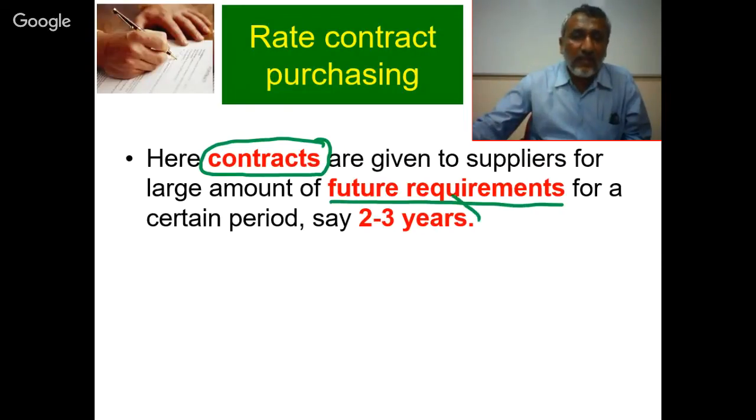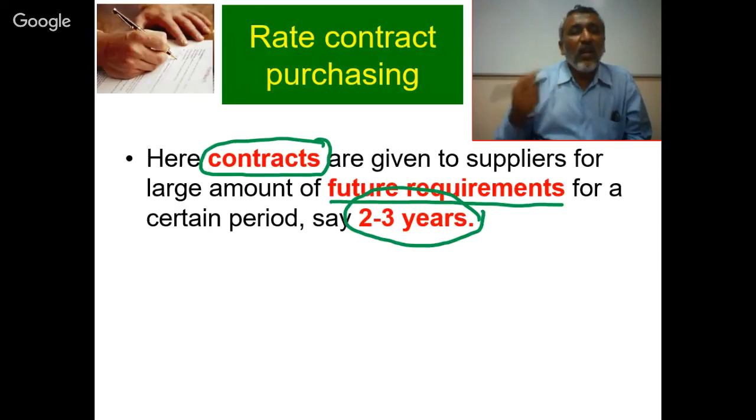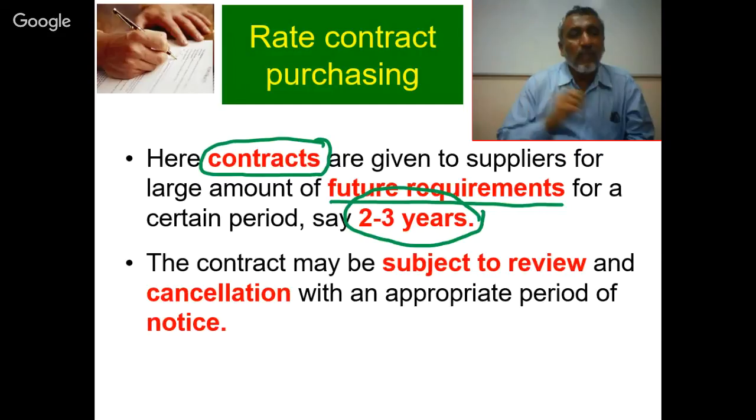This future period may be 2 to 3 years. This will avoid a lot of clerical work of purchasing. This is usually done if the company needs a specific material on a regular basis. Instead of buying it every time, it may enter into a contract with a supplier so that most of the clerical work is reduced for this contract period.